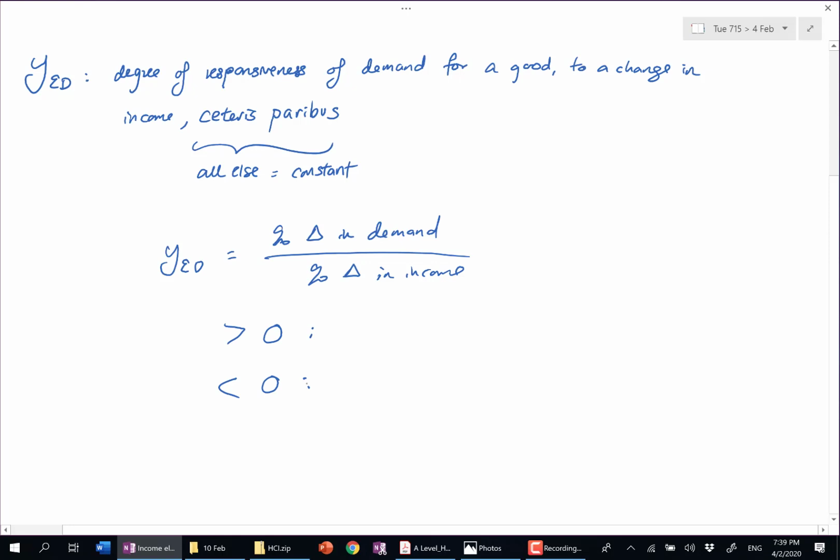I need you to fill in the blanks. When YED is positive, what kind of good is it, normal or inferior? Likewise, when it's negative, what kind of good is it?